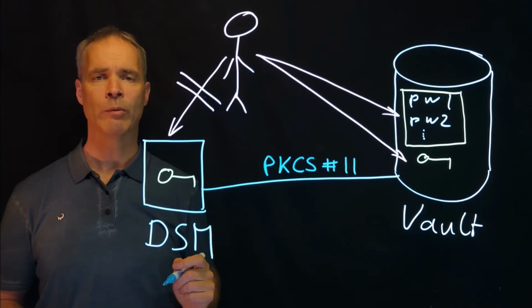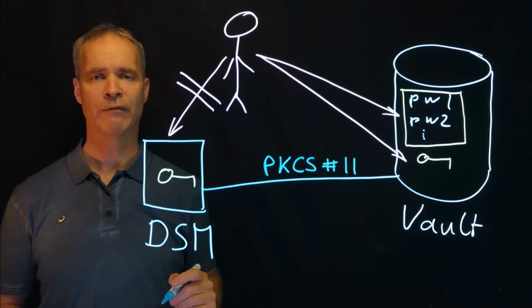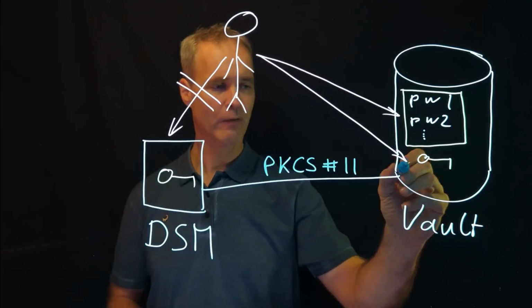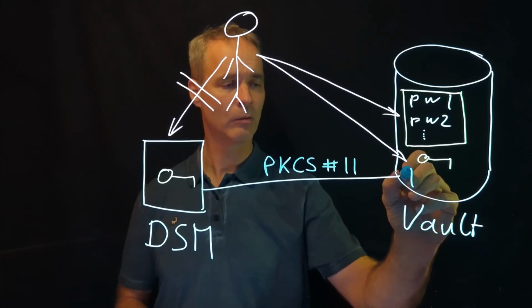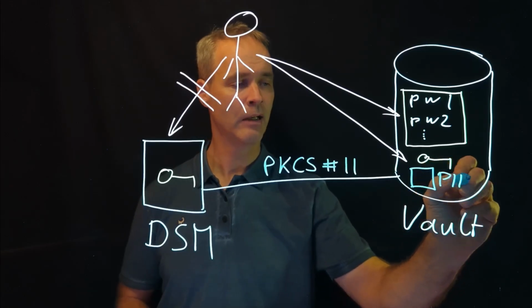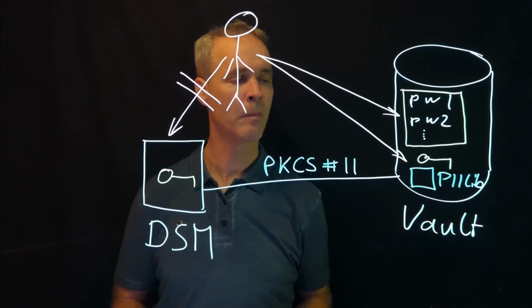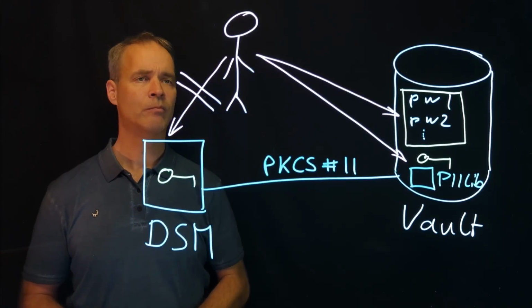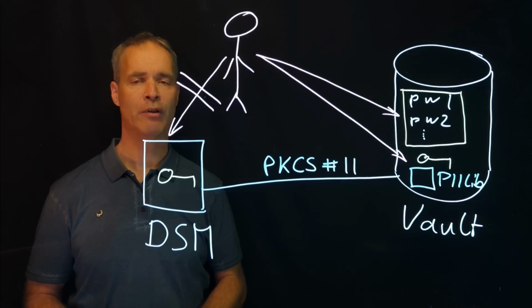For that, we will also require a PKCS11 library inside of the Vault. So we will need to install it here. That's a P11 lib. And with that, we are all good, and everything is safe.